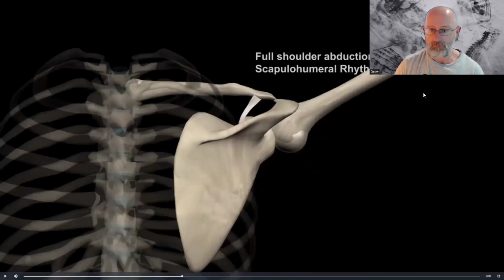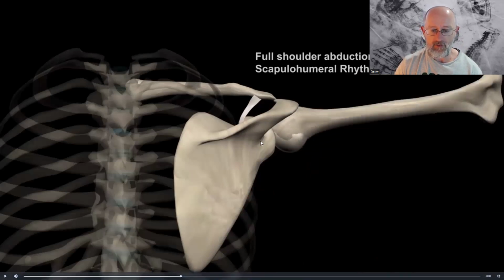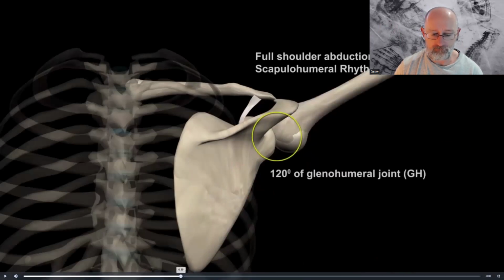So full shoulder abduction. Okay, that's what we call scapulohumeral rhythm. So when you get past this kind of 90 degrees position here, then the scapula is going to rotate in a certain ratio to follow the arm. So from that 120 degrees, that's essentially when the arm is going to be connecting with the acromion process.